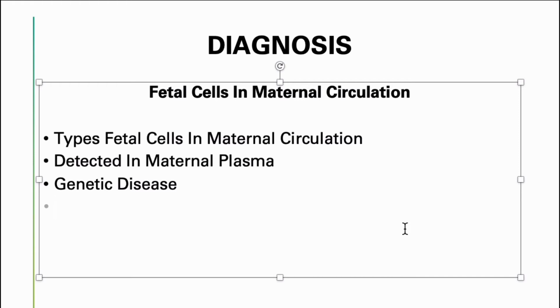The other limiting factor is that the amount of fetal cells is very small, perhaps 1 in 100,000 cells in the mother's blood. There are not that many, but still it's a significant number.